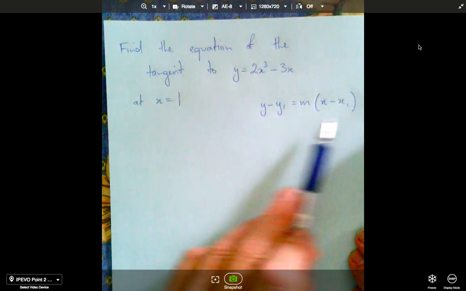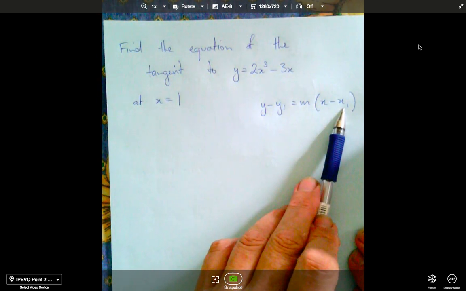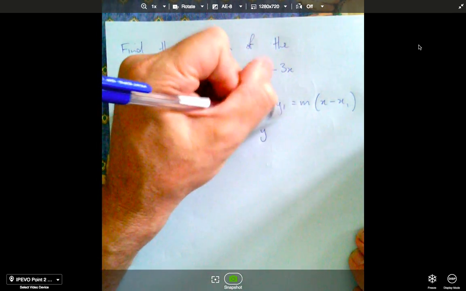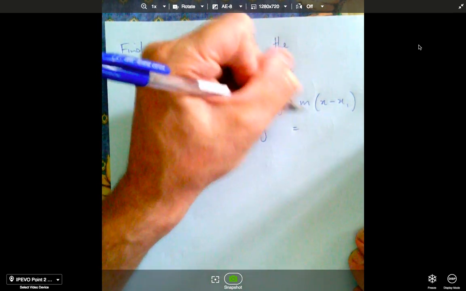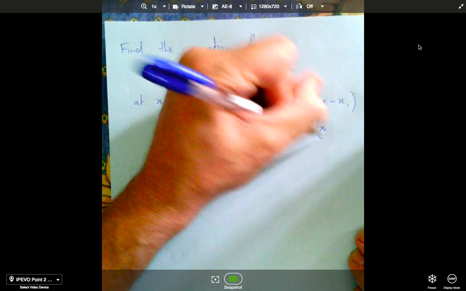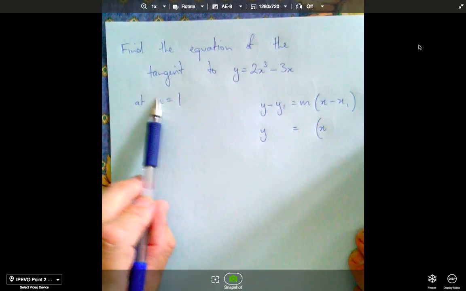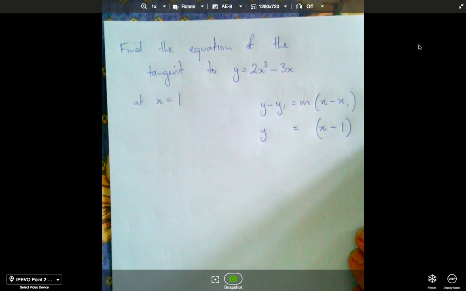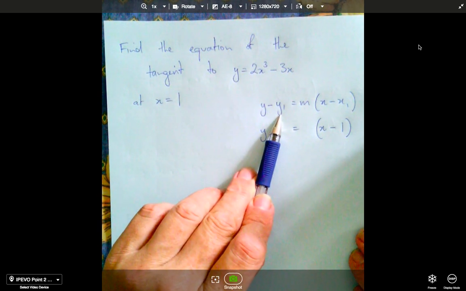So at the moment, we know what x is. We don't know what y1 is yet. We don't know what m is. And we know what x1 is because we know it's all happening at 1. So x1 is 1. So what's the first thing we might do? Well, we need to know what y is.